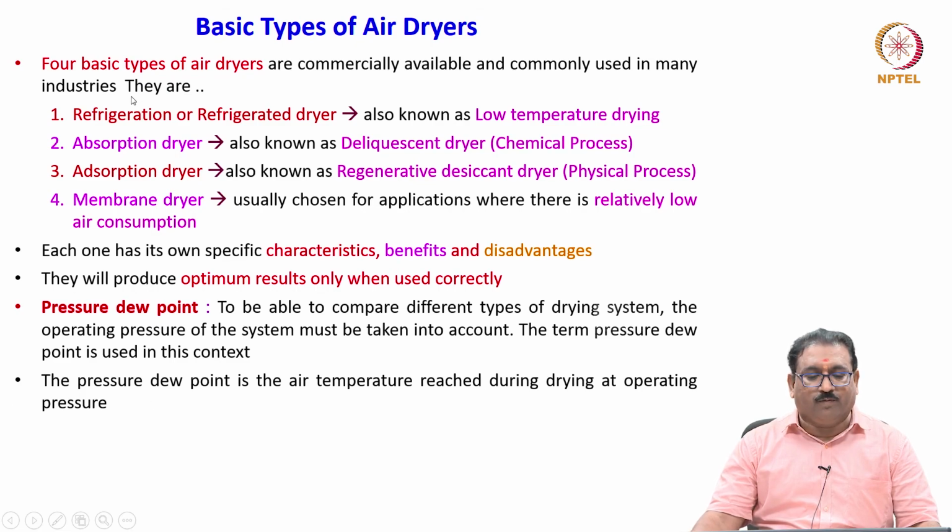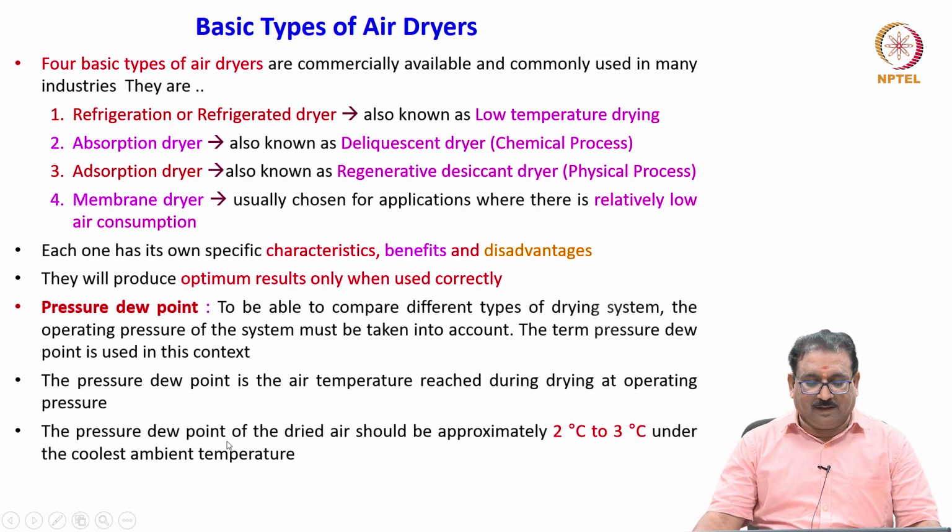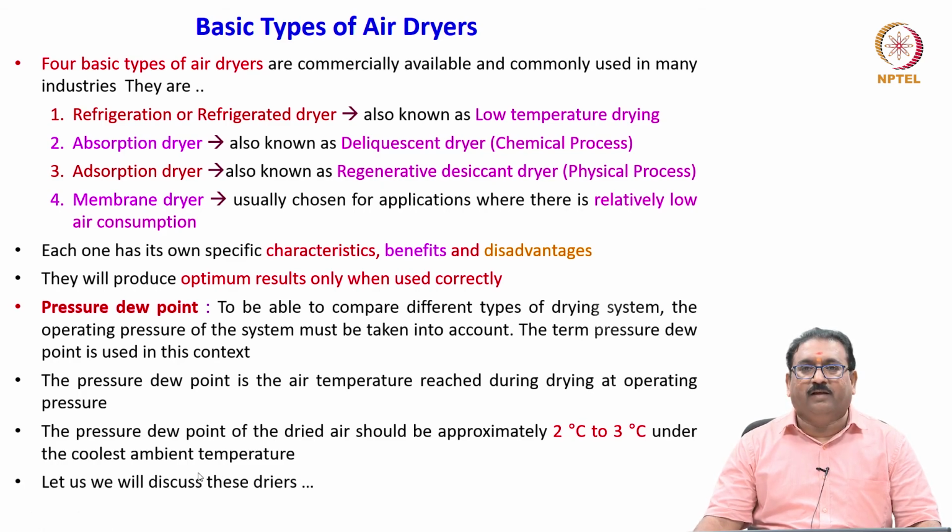This will vary from one process to another. The pressure dew point of the dry air should be approximately 2 degrees centigrade to 3 degrees centigrade under the coolest ambient temperature. Let us discuss these types of dryers.